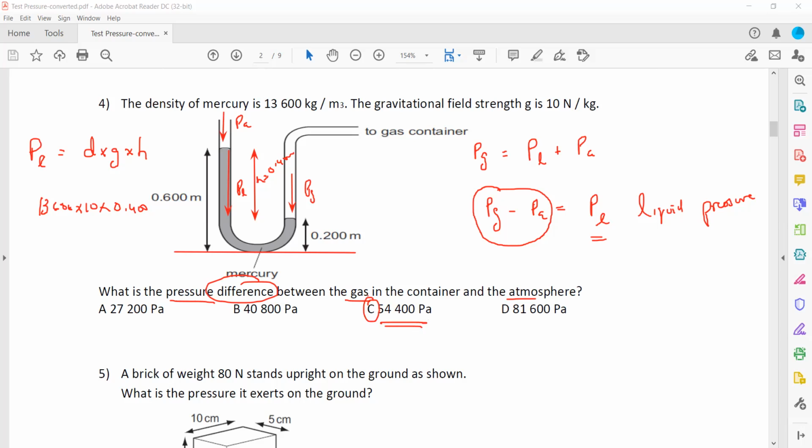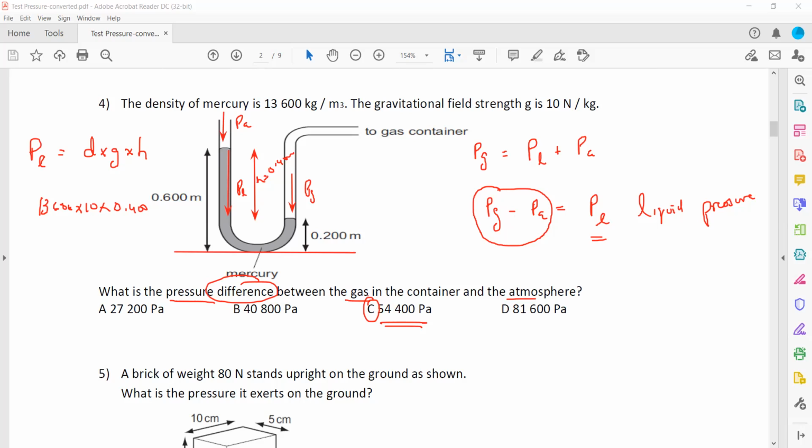You can check the calculation again, Abdullah. When you multiply 13,600 with 10 with 0.4, you will get 54,400 Pascal. Is it clear? Anyone having a doubt?